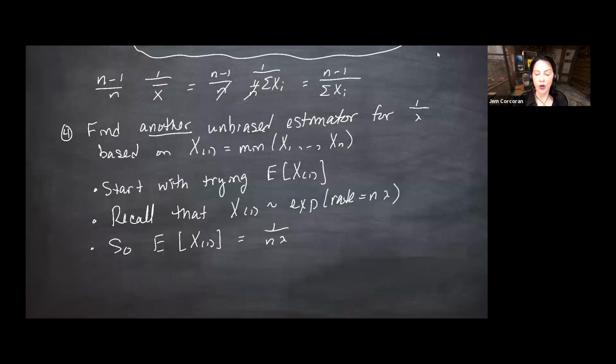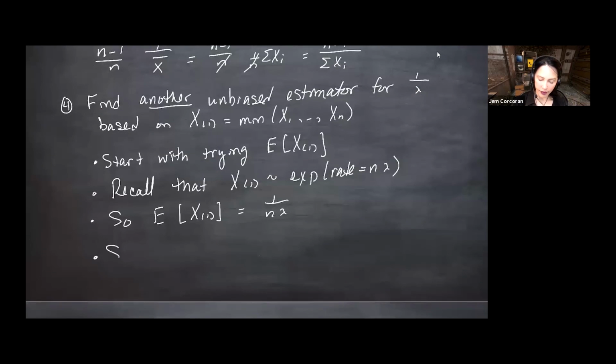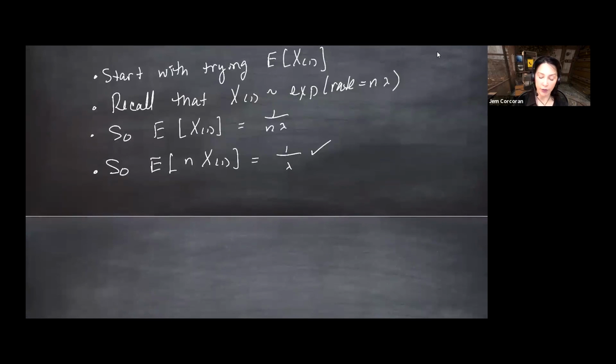I wanted 1 over lambda, so I'm going to move the n to the other side. And so I've got the expected value of n times the minimum gives me 1 over lambda, which means we have an unbiased estimator of 1 over lambda.